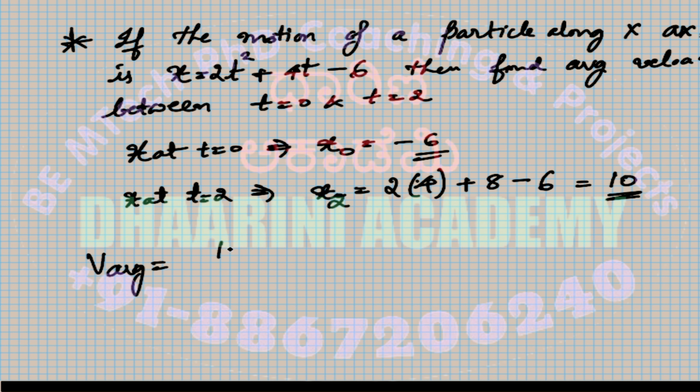Distance covered is 10 minus the initial position, minus 6, all divided by time 2, right? This is delta x by delta t, or simply delta x by t. So this is 10 minus minus 6 is 10 plus 6, so 16 by 2. So average velocity is 8 meters per second.